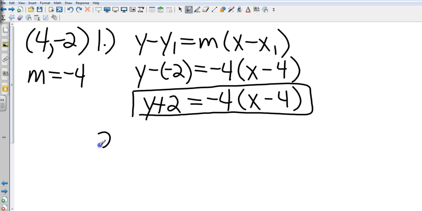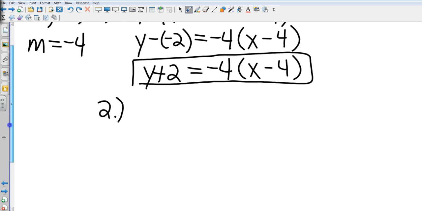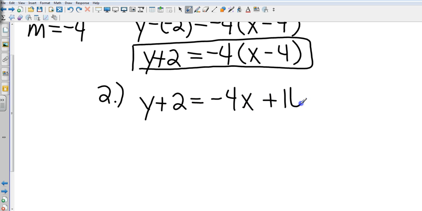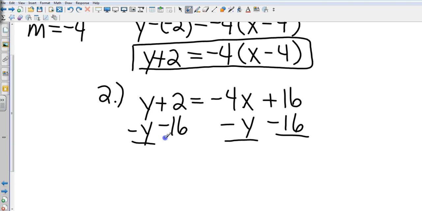Okay, second, I asked you to change it into standard form. So I'm going to go ahead and do the distributive property. That's going to give me negative 4x plus 16. Standard form says x and y on the same side. So I'm going to take my y to where my x is by subtracting it. And because x and y are both on the right-hand side, I want to move this 16 by subtracting it.